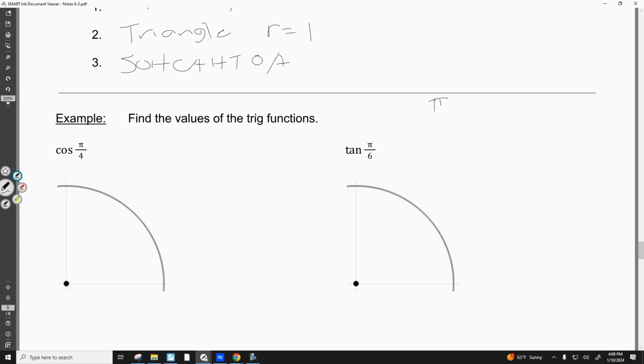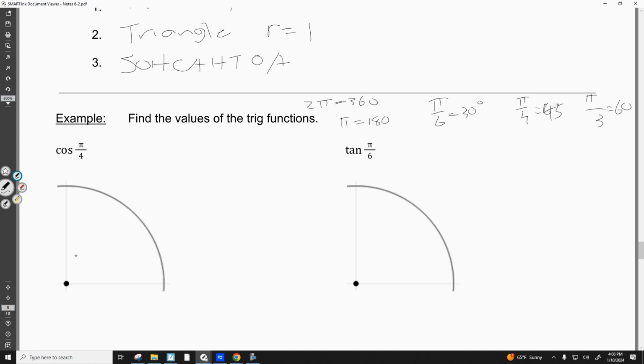Pi over 6, 30. Pi over 4, 45. Pi over 3, 60. Because you know 2 pi is 360, and you know pi is 180. You can take pi, which equals 180, and start dividing it. Divide it by 6, 180 divided by 6 is 30.